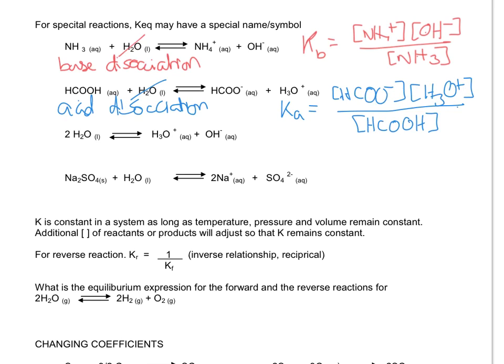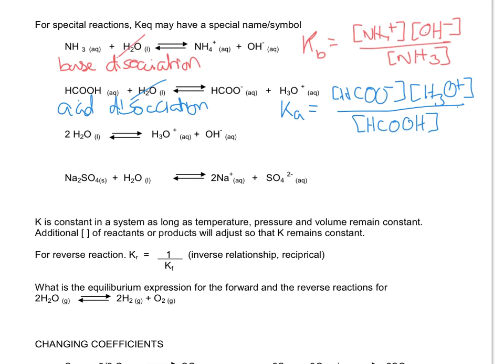This is water. Water is covalent, so it doesn't really have ions that it dissociates into, but because of the extreme polarity of water, a very, very, very minimal amount of water does dissociate into H plus and OH minus, or H3O plus and OH minus, same thing.